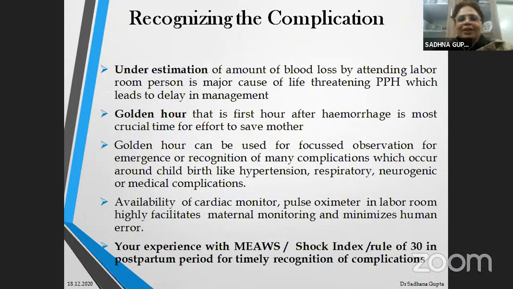The golden hour is the time when we can sail through the after-delivery part, or have problems. So monitoring of the patient is very important. We have to monitor the patient for 1 hour for bleeding or sudden obstetric collapse, which can happen.